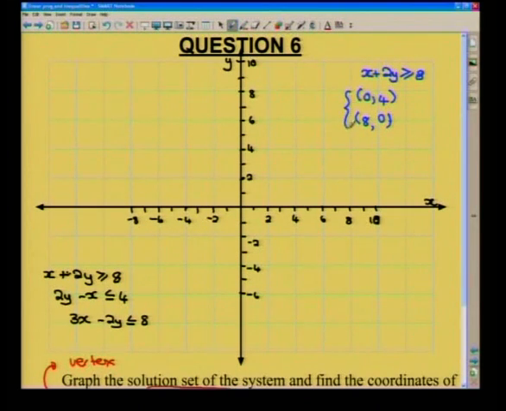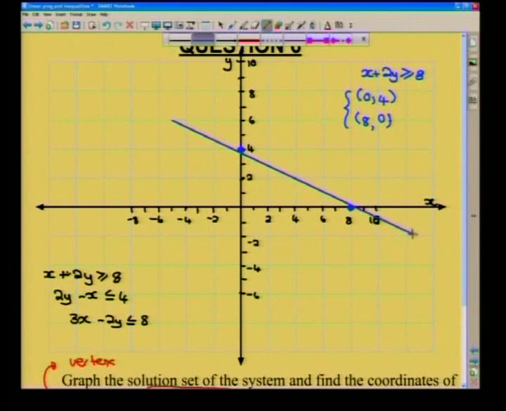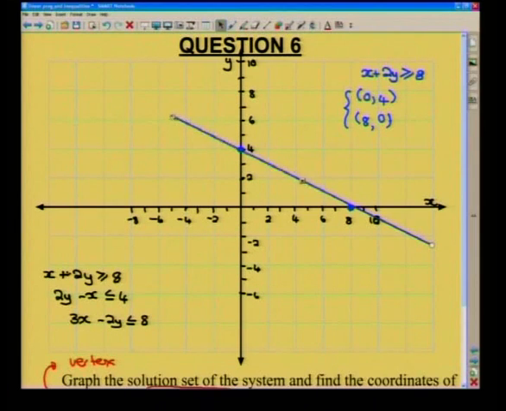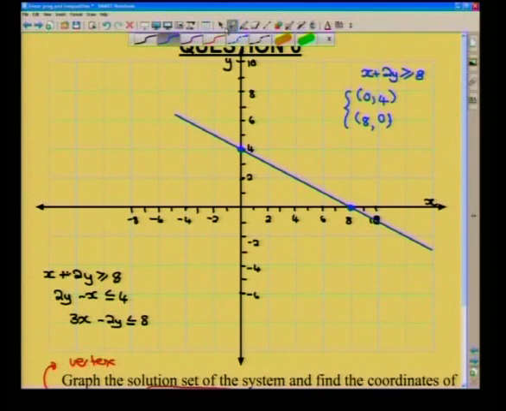So those 2 points help me to draw that graph, 0, 4, and 8, 0. Okay, I can go and pop that in. Okay, I might have to do a little bit of moving. I think that's pretty much right. You'll find it easier than me to do this because your rulers can be lined up properly.